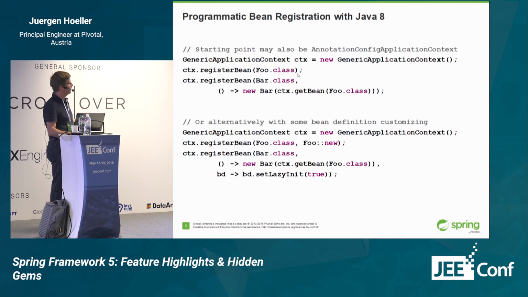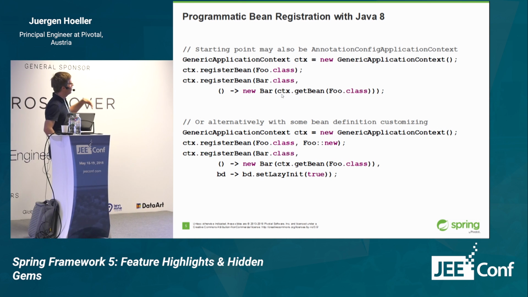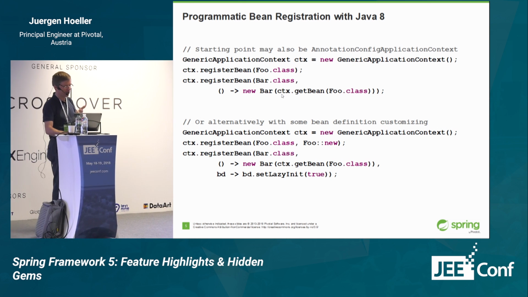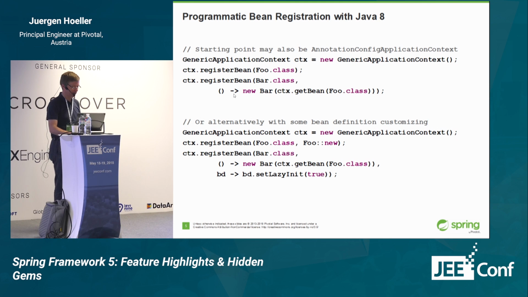If you just register a class, we have to apply default conventions. We have to kind of do default instantiation. If you specify an instance supplier, then the framework knows how to create an instance of your class. So it will never try to call a default constructor. It will always call this instance supplier, which is typically a Lambda expression or can be a Java 8 method reference.